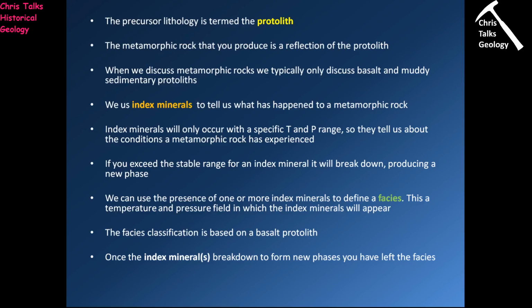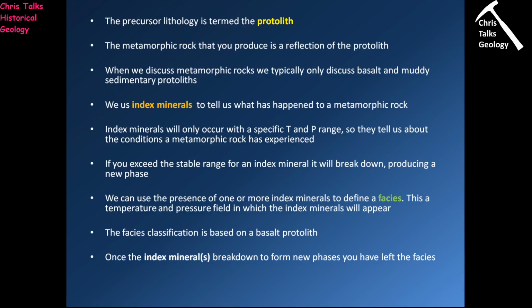In contrast, if we were to take something like a piece of granite and start increasing the pressure and temperature, well, the granite just sits there, does nothing. And we've got to keep ramping that pressure and temperature higher and higher and higher. The granite won't metamorphose at all until you reach very high temperatures and quite high pressures. So that's why we only tend to focus on the basalts and the muddy sedimentary protoliths, because they give us the nice changes in metamorphic minerals that we're looking for.